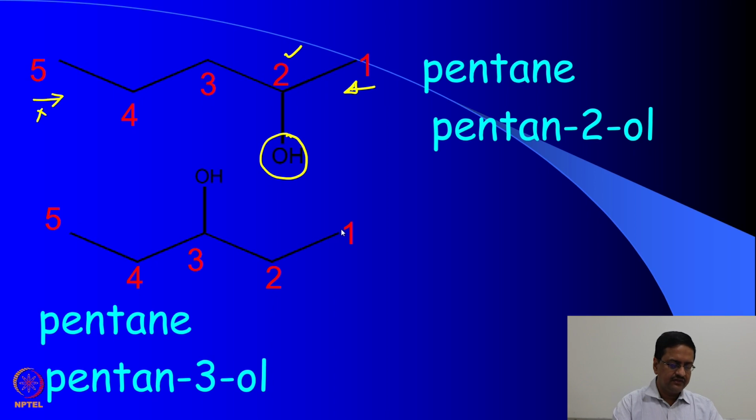In the second case, when we have the OH group in the middle, it is imperative that from either side it gets number 3. So, we do not need to worry about numbering from which side. So, we write it as pentan-3-ol.